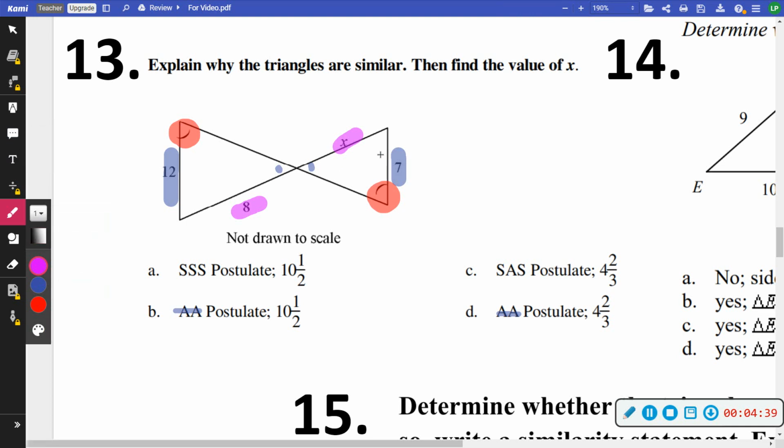I'm going to go left to right, so it'll be 12 over 7, blue to blue, left to right, so 8 to x.